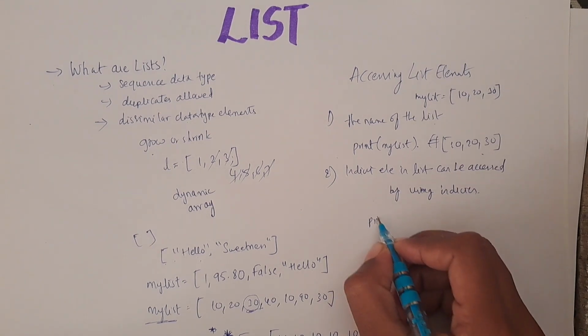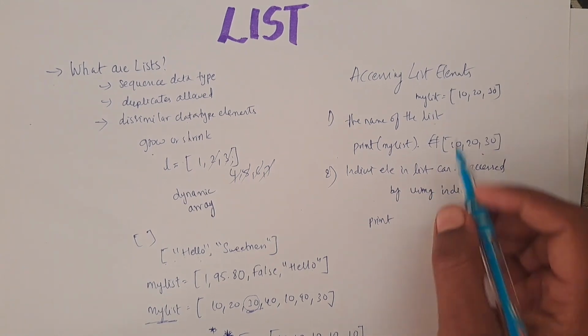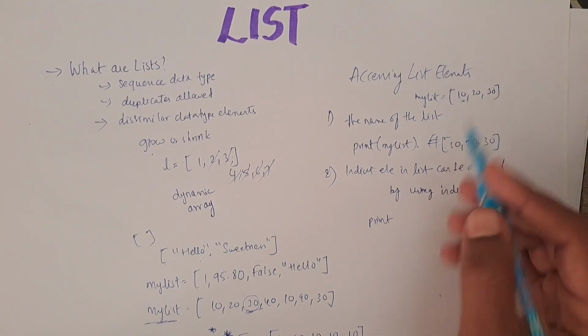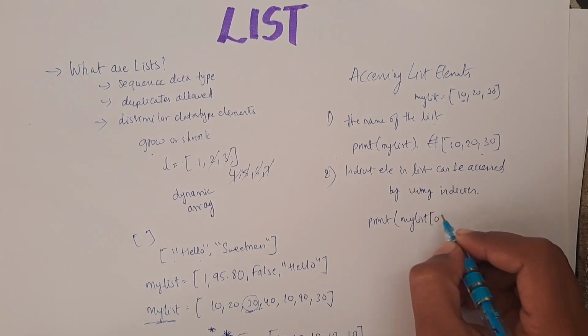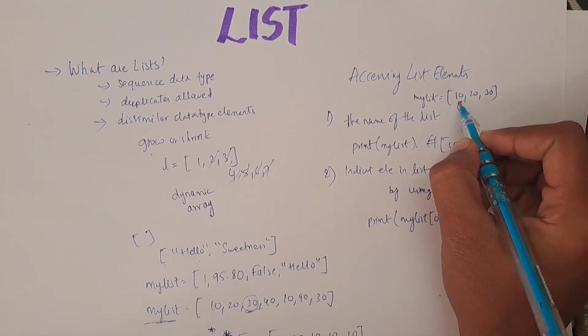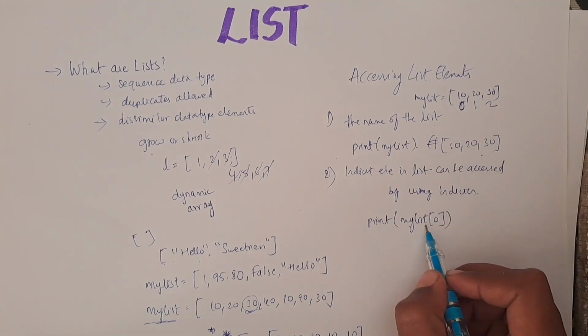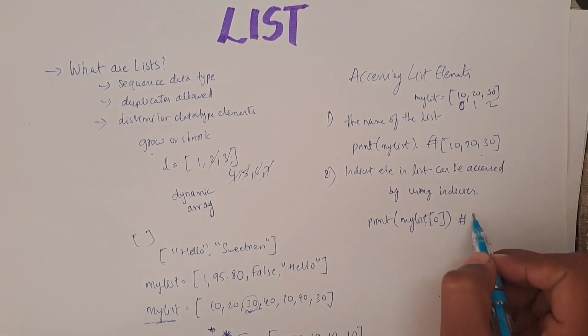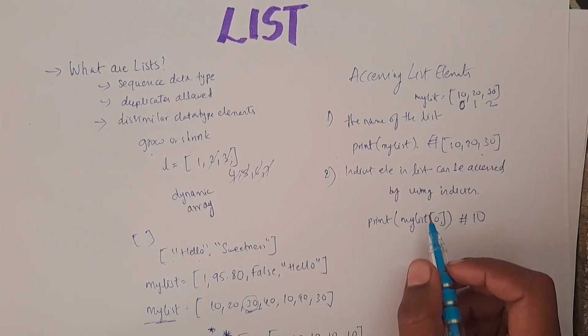For example, for this particular list, if we want to print the first element, what you have to do is print my list, with the index 0, where the index starts with 0, 1, 2. So my list 0, and your output will be 10. Like that you can access the elements in the list.